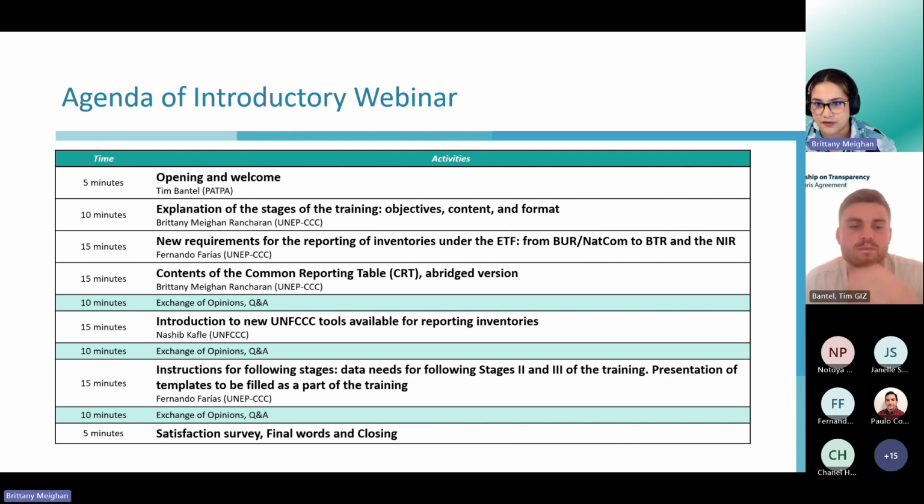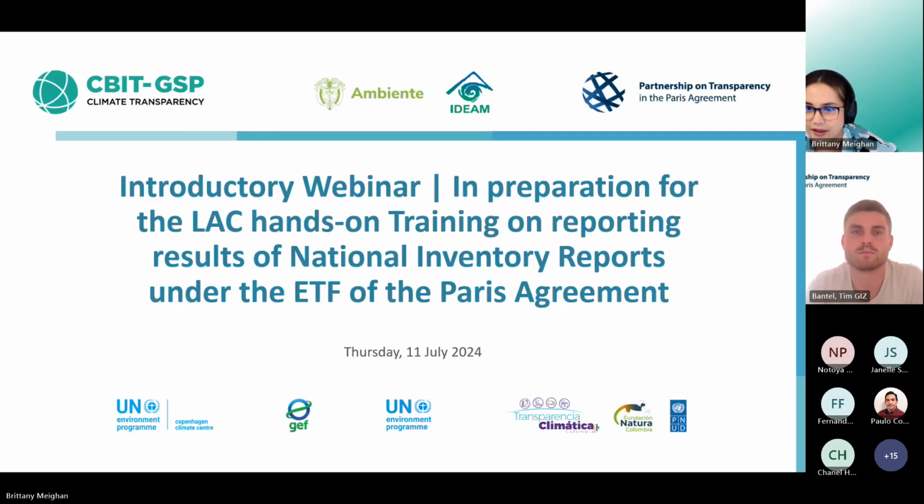What are the next steps before we get to Colombia? And then, of course, a final survey. But now I would like to hand it off to our colleague Tim from PATPA to open us up.